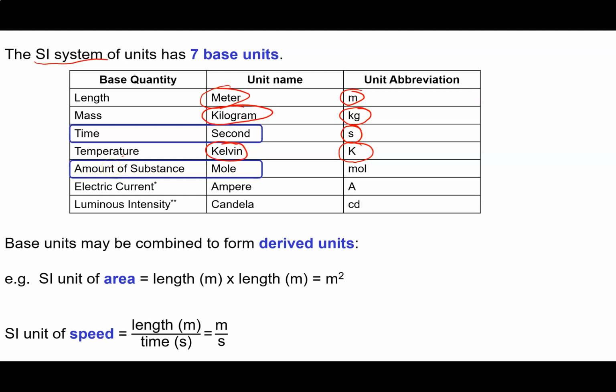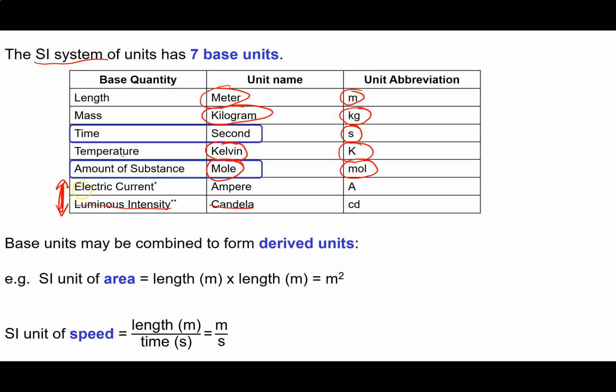The amount of a substance, the base unit is the mole, and that has abbreviation all lowercase mol. Now, I just want to point out that these two we won't be using till near the end of the general chemistry sequence. In fact, luminous intensity we probably won't use at all.